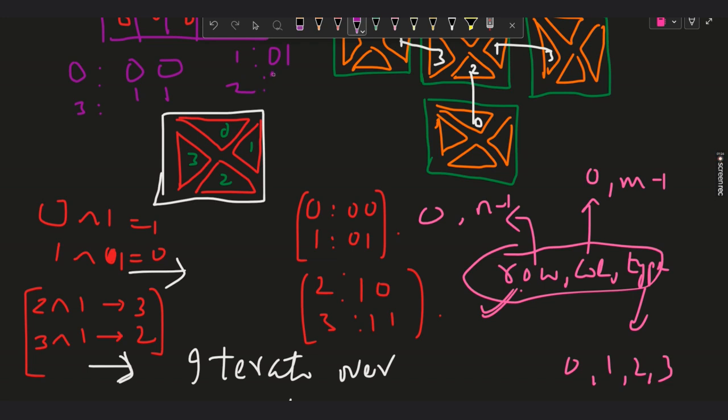If I take XOR of 0 with 3 or 3 with 3, I can see that 0 XOR 3 is 3 and 3 XOR 3 is 0. So if I take XOR with 3, I can interchange 0 to 3 and 3 to 0. In this case also, if I take 1 XOR 3, I will get 2, and if I take 2 XOR 3, I will get 1. So basically if I have to interchange between 0 and 3 or between 1 and 2, I have to take XOR with 3, right?